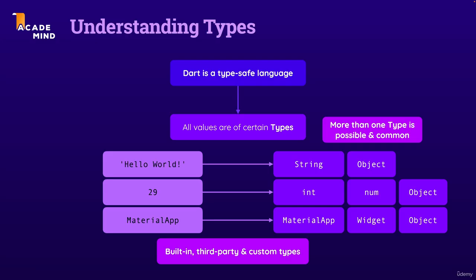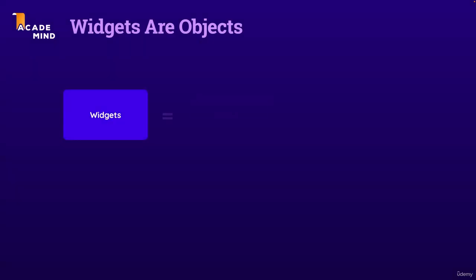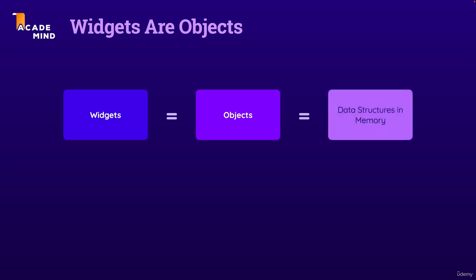And what this in the end is, like all values, as you learned before, is an object. Widgets in Flutter are also just objects in the end. They are objects, and objects are the base value in Dart. All other values are also objects in the end, and objects are simply data structures in memory.